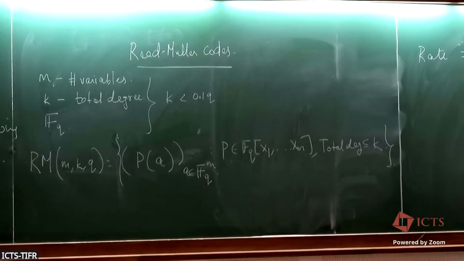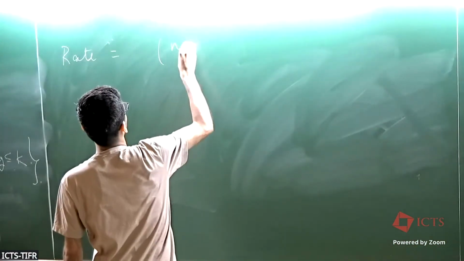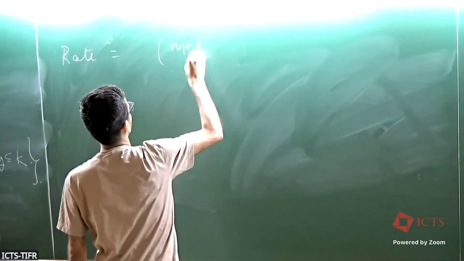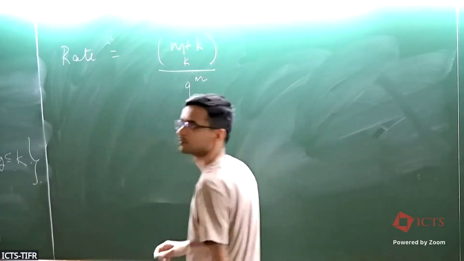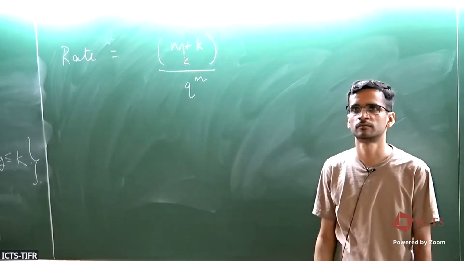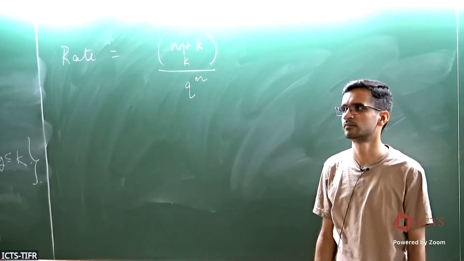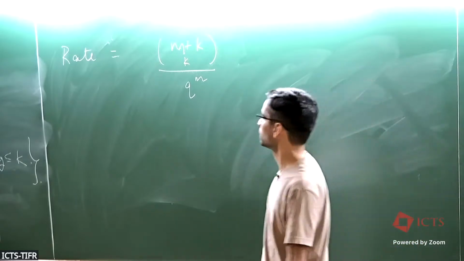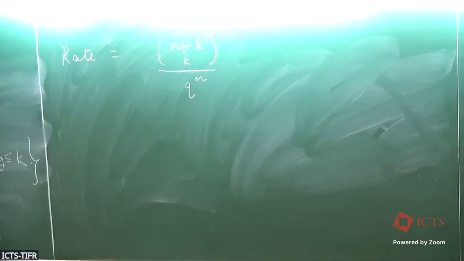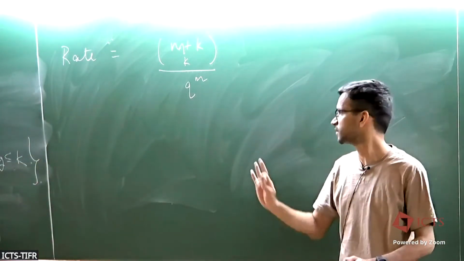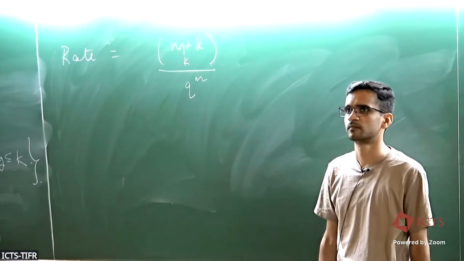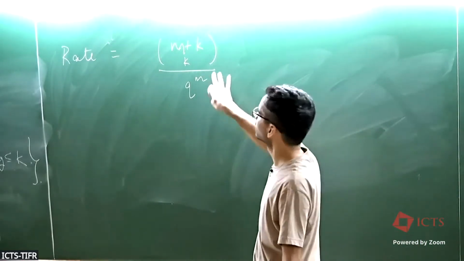So the rate of the code is (M plus K choose K) divided by q to the M. We are in the setting where K is less than 0.1 q, K is less than q. Okay. So the rate of the code is this.